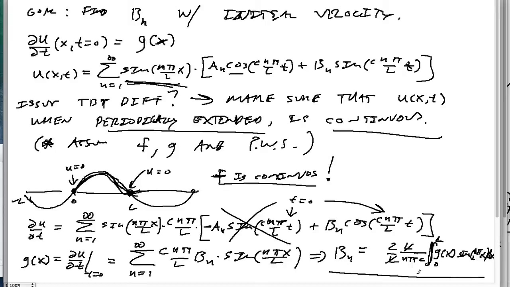So we have now the Fourier coefficients for the initial velocity term, the initial velocity condition. All right, so putting all that together, we have a nice way to solve this equation. Now I'd like to get in this last little bit some interpretation.